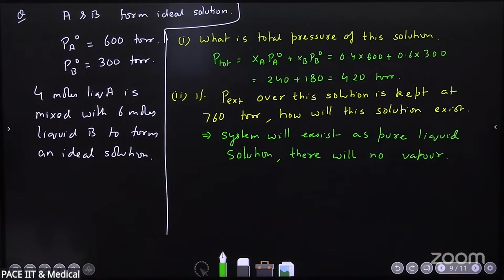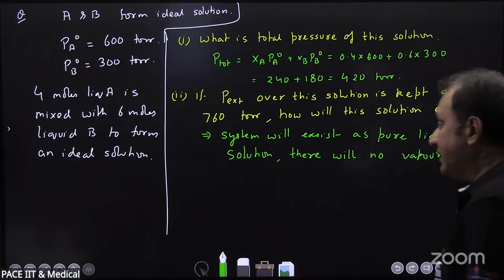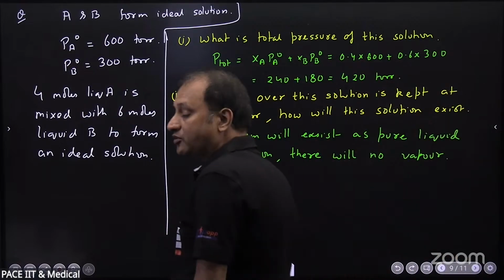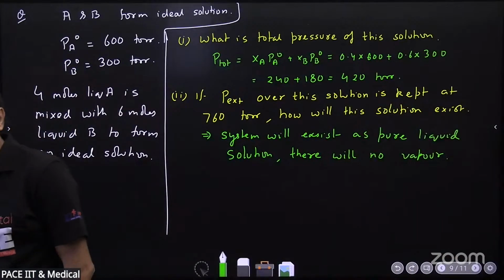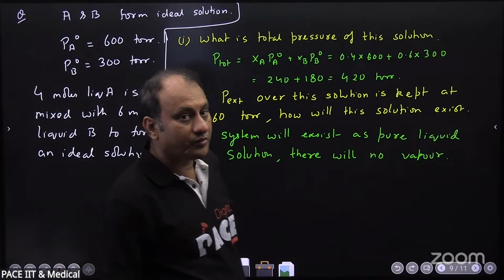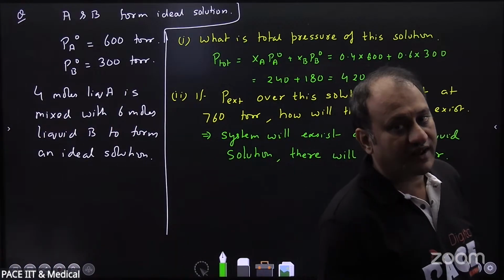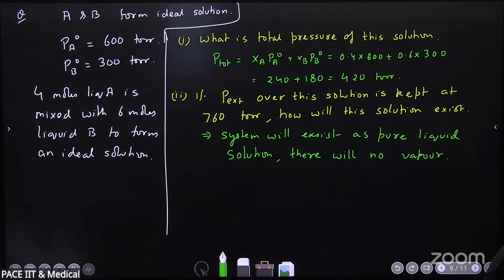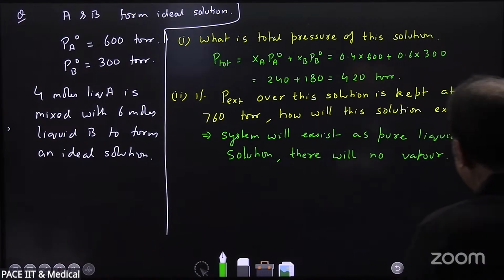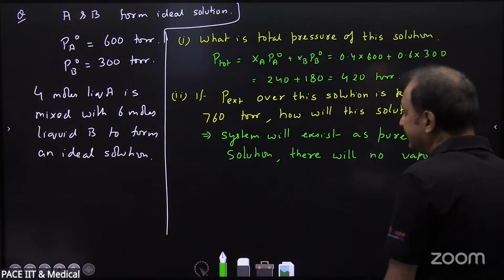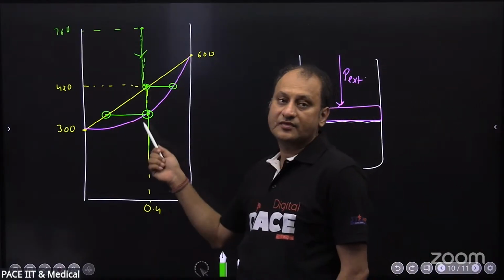Then in vapors there will be 4 moles of A and 6 moles of B. So in vapor form, the mole fraction of A will be 0.4 and the mole fraction of B will be 0.6. That is what we are seeing in this graph at this point.